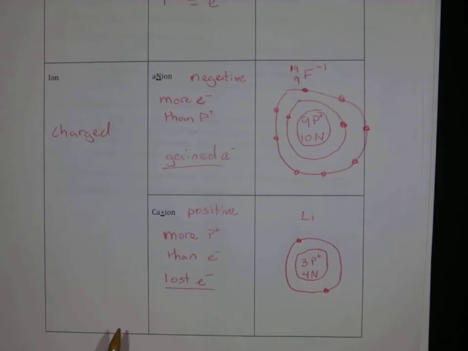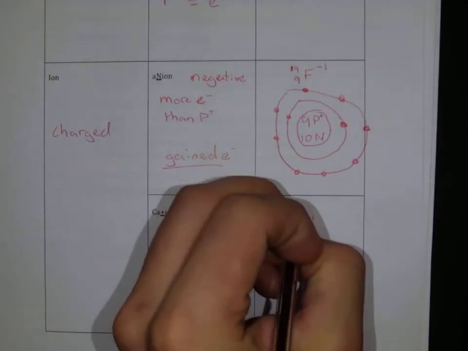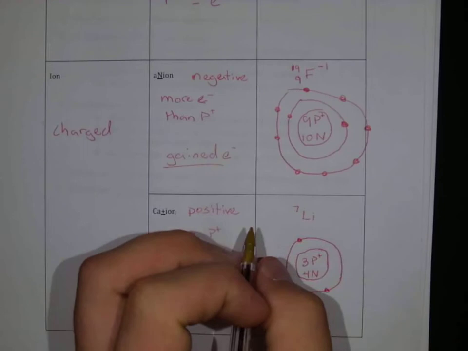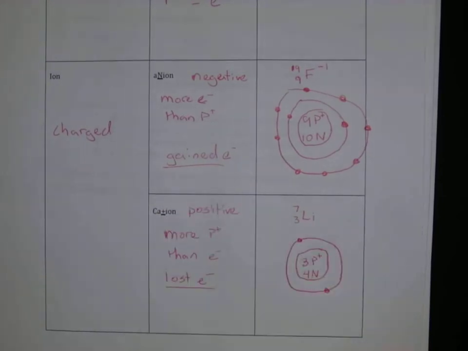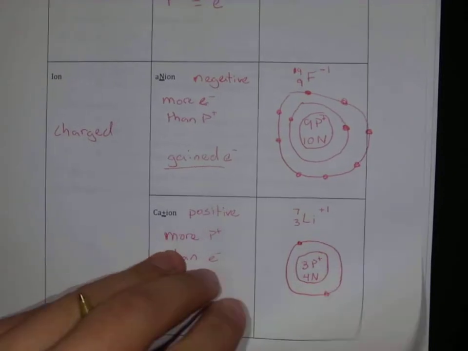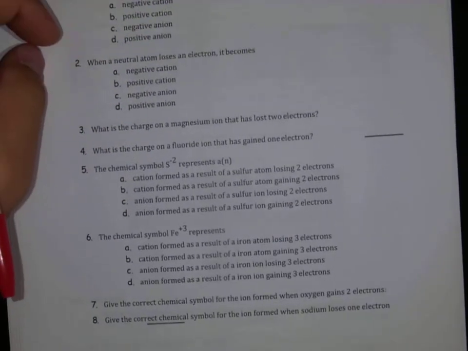So it lost that electron, and now it has a positive charge. So the overall atomic mass of that ion would be 7. Lithium has 3 protons, and it's got a +1 charge. Okay? So now we should be able to do our practice problems on the next page.